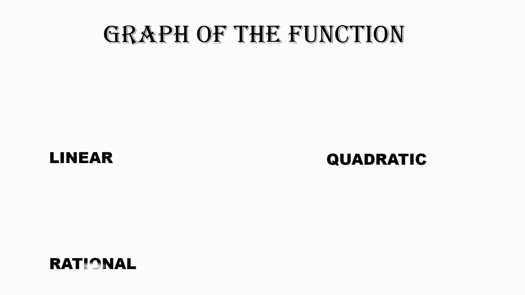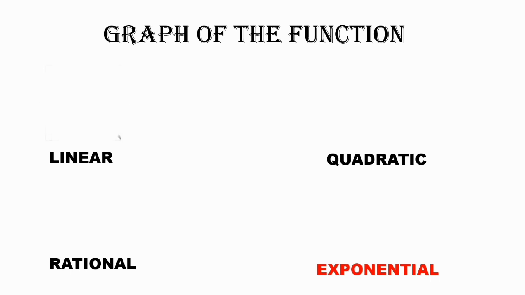So, sa graph of the function naman tayo. Dito, class, hindi ko na i-discuss sa inyo what is a graph of an exponential function. Ipapakita ko lang sa inyo yung difference ng linear, ng quadratic, rational, and exponential. So, titingnan lang natin kung paano ba yung graph ng exponential function natin, kung anong difference niya dun sa tatlo.